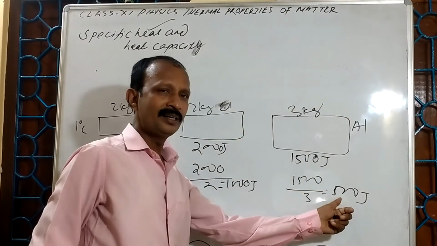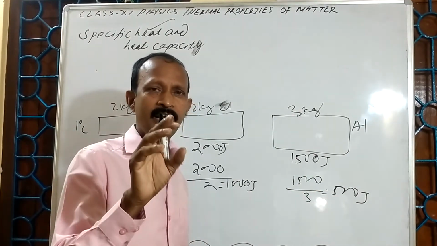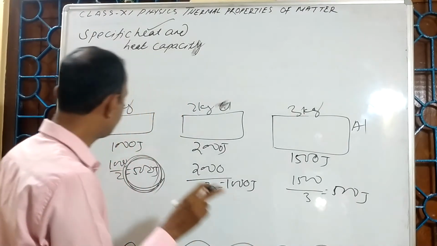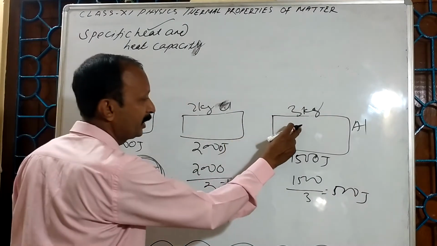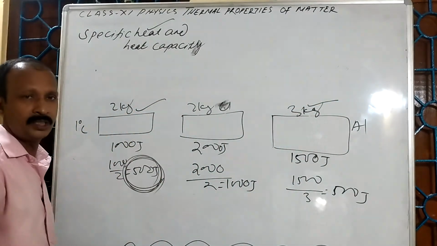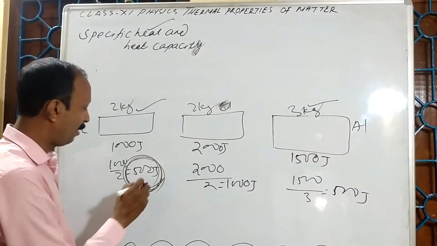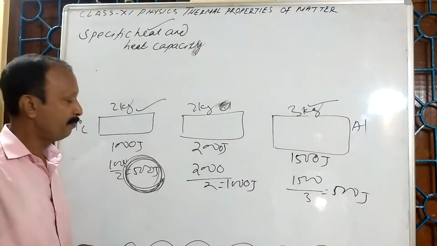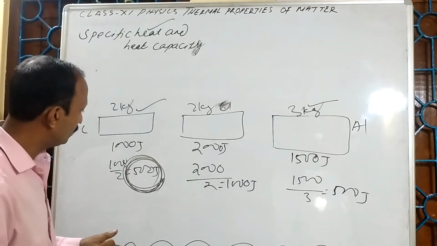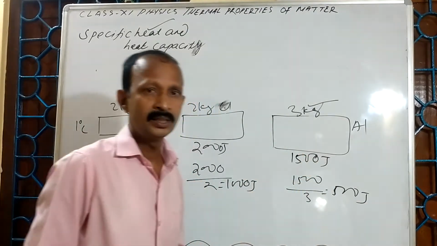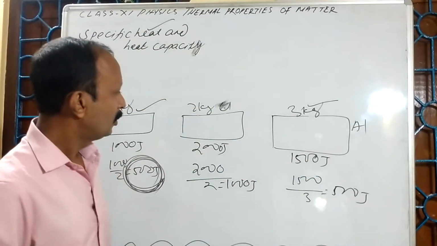In the third case also the same amount of heat energy is required, instead of its mass being different. Here mass is 3 kg. Here mass is 2 kg, but I found the amount of heat required to raise its temperature is here 500 joule, here also 500 joule.